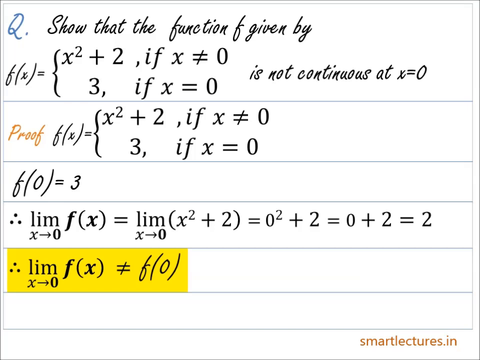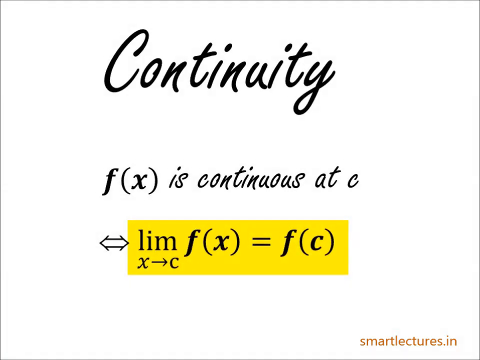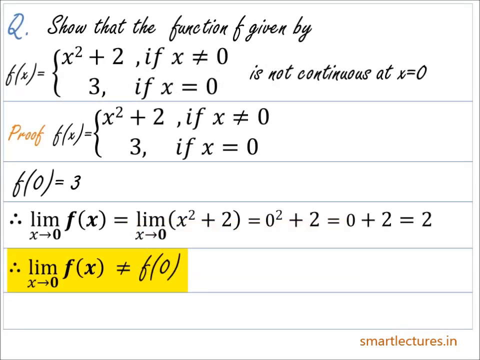And as per the definition of a continuous function, the given function is continuous at a point if and only if the value of the function at the given point is equal to the limit of the function at the given point. And here, because this is not the case, as the limit is not equal to the value of the function, that means the given function is not continuous at x equal to 0.